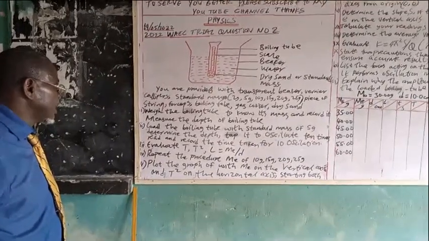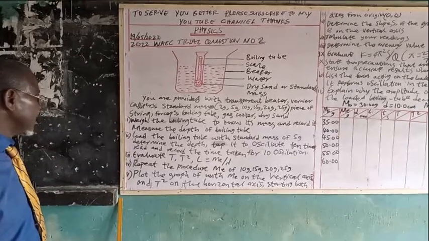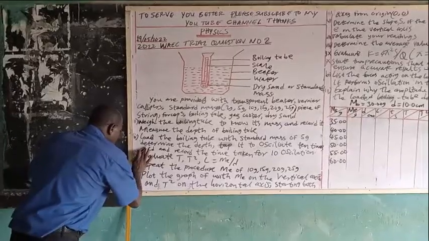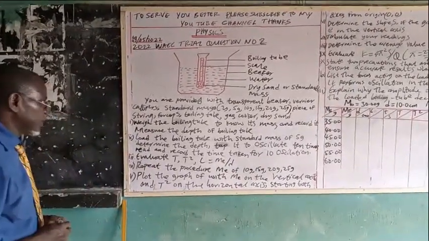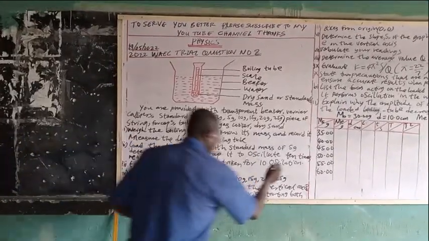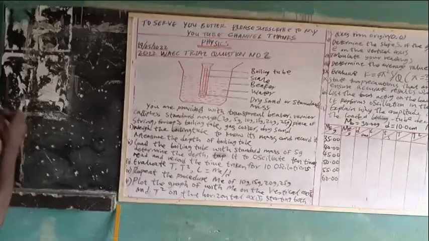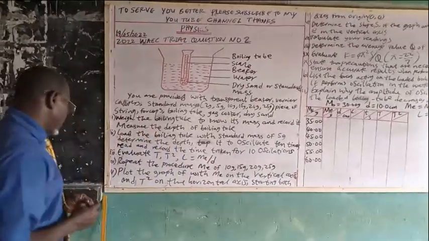Load the boiling tube with a standard mass of 5 gram. Determine the depth. Tap it to oscillate it 10 times. Read and record the time taken for 10 oscillations. Evaluate T squared, L. 5.